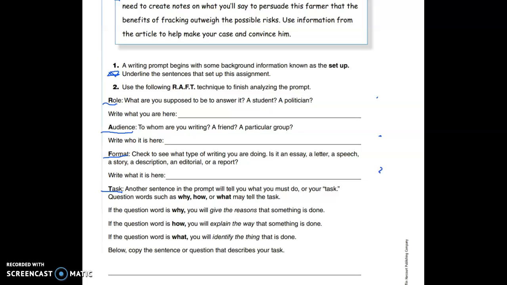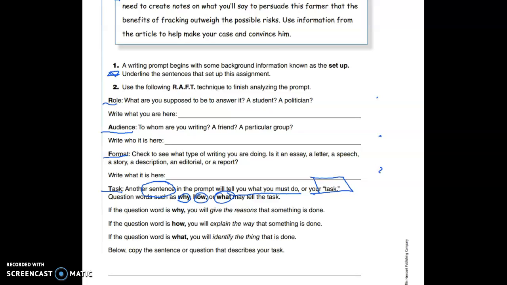And then the last thing you're going to do is the task, which is what you're supposed to do. So in another sentence in the prompt, there's going to be a sentence that tells you what you must do, or your task. So what is your task? Question words such as why, how, or what might tell you the task.